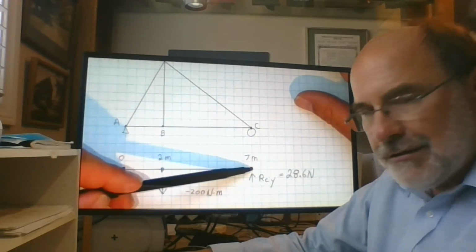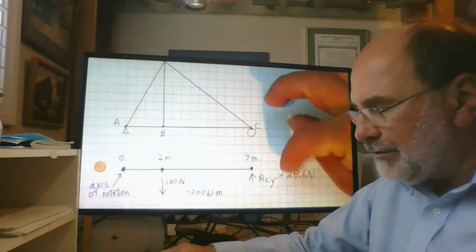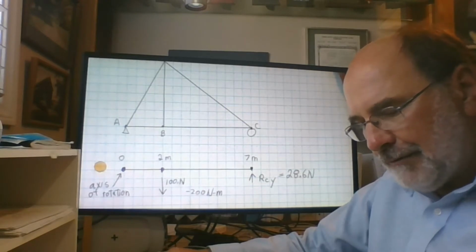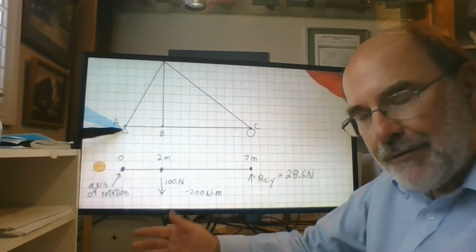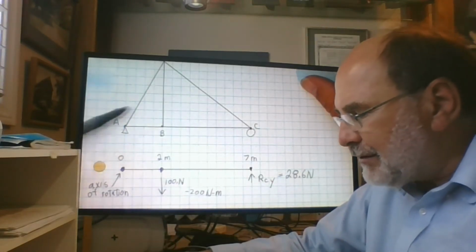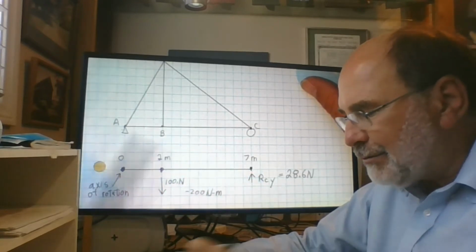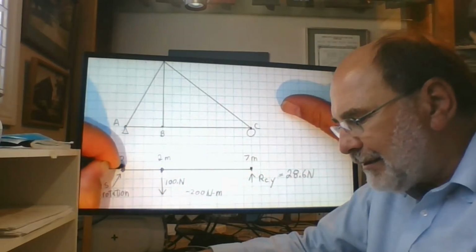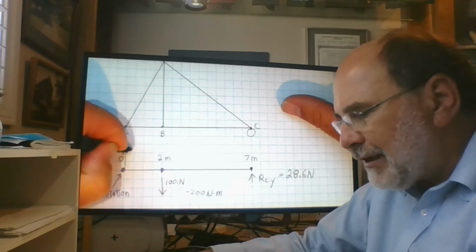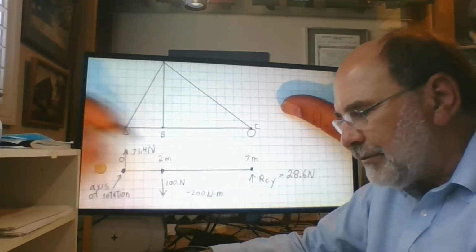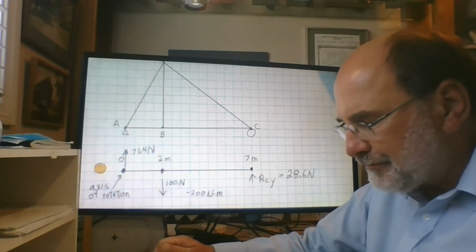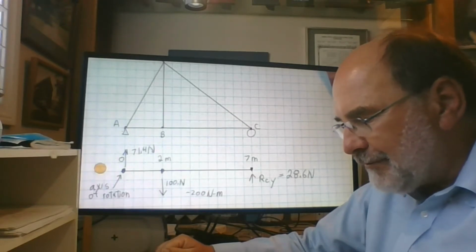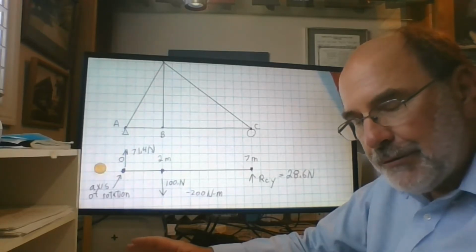I have an upward reaction force of 28.6 newtons applied at point C. Therefore, at point A, the only other place where you can have a reaction force being applied, it's the difference, 100 newtons minus 28.6 newtons, and I just calculated that, and I get a result of 71.4 newtons is the reaction force at point A in the vertical direction. Now I kind of am learning from my mistakes, and so I would tell you that there is no horizontal reaction force in this problem.